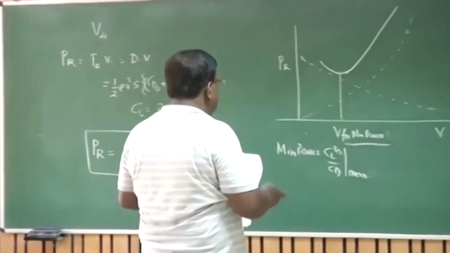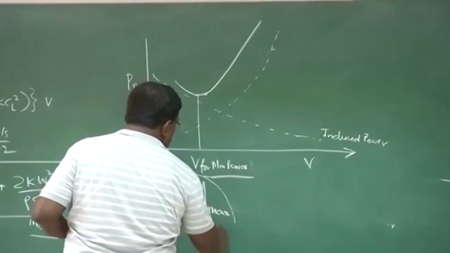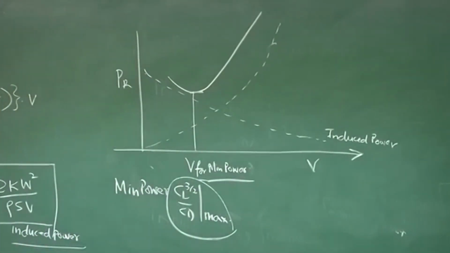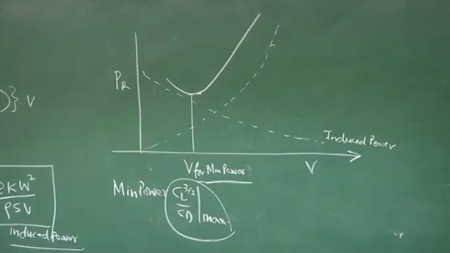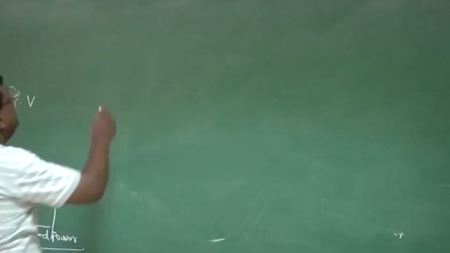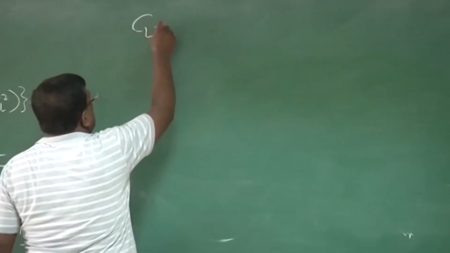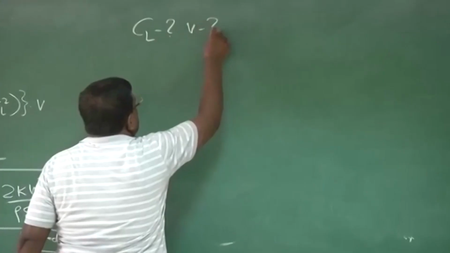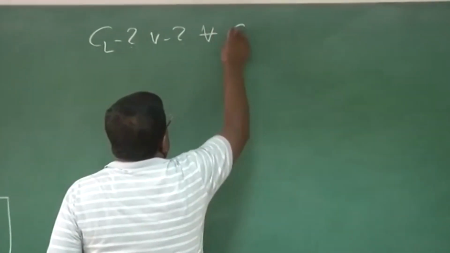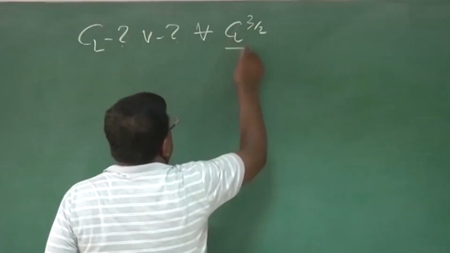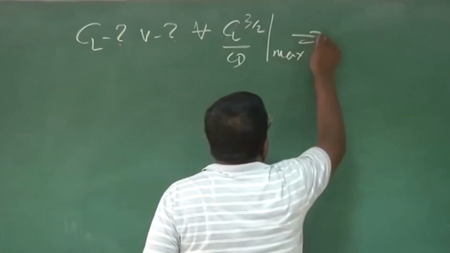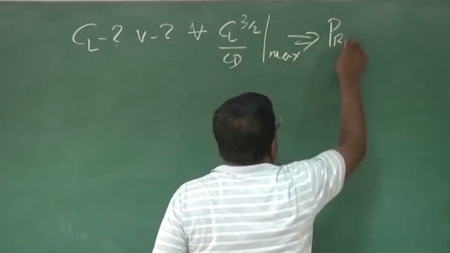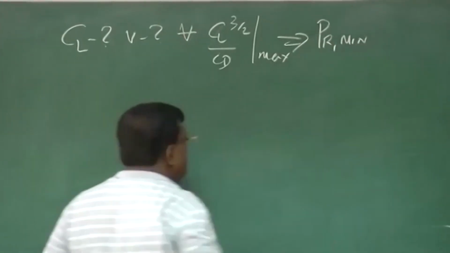So we will now find out analytically what is that CL for which I should fly so that I get minimum power. So the question I'm asking is, what is that CL or V for which CL^(3/2) by CD is maximum, that will ensure I'm flying at power required minimum. Okay?